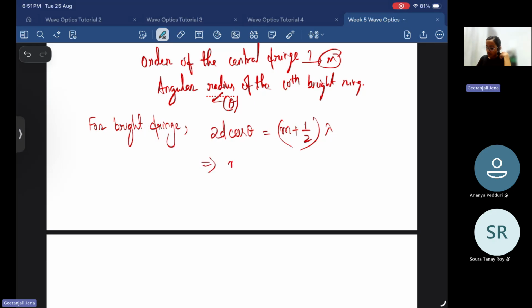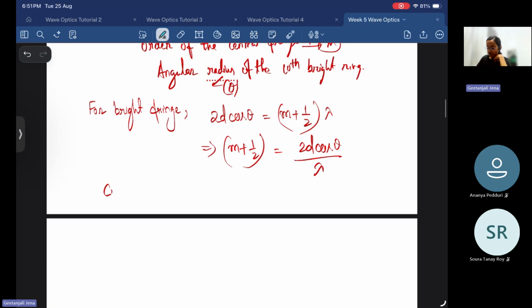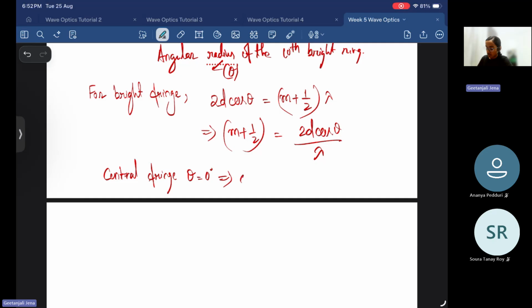So that means we can write m plus half is 2D cos theta over lambda. And for the central fringe, the theta value is 0 because it is at the center, so the angle is 0. So that means cos theta we can take as 1.